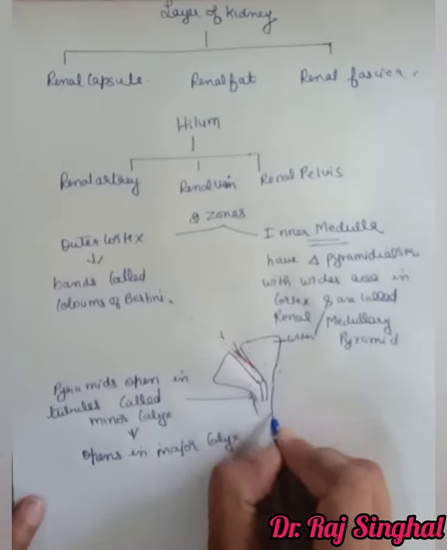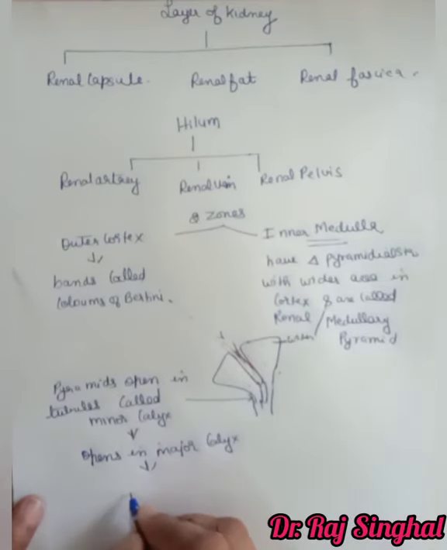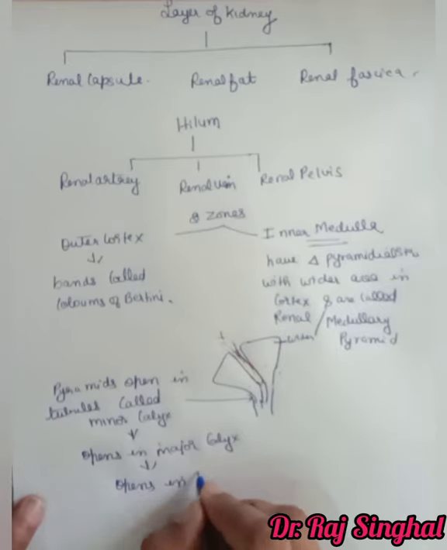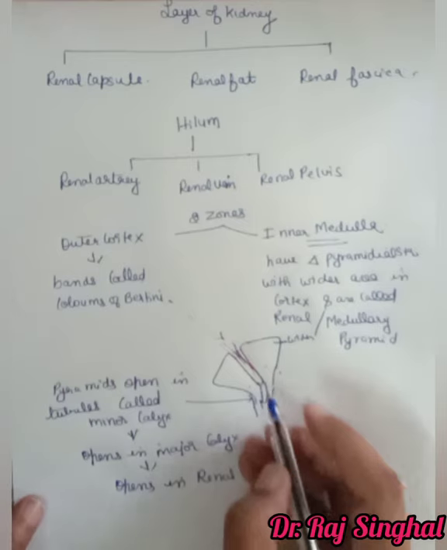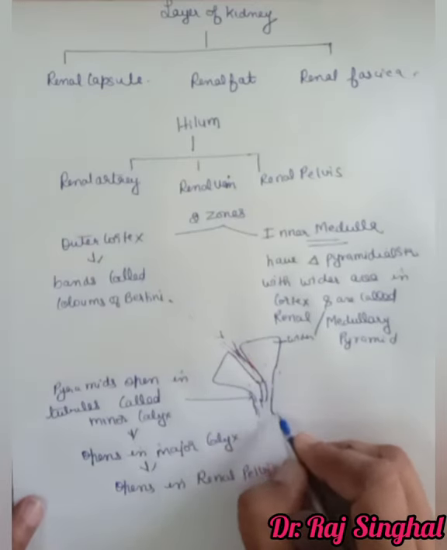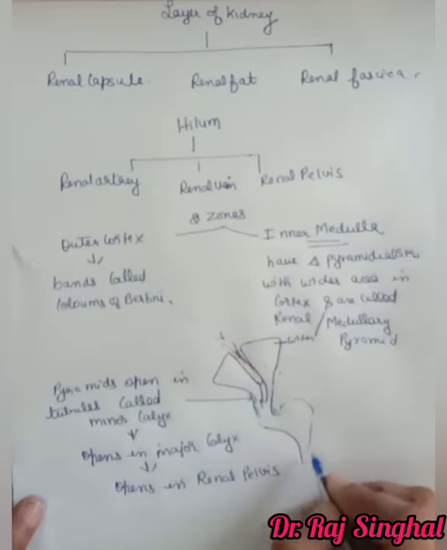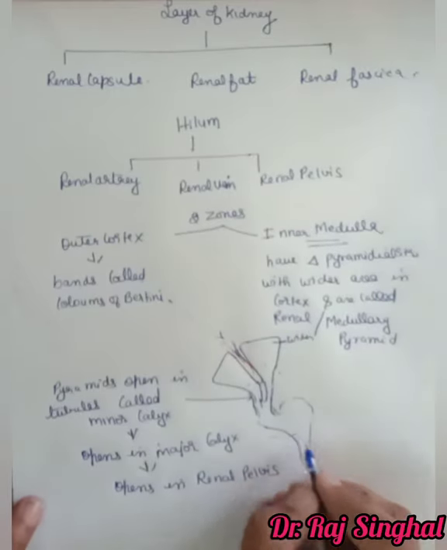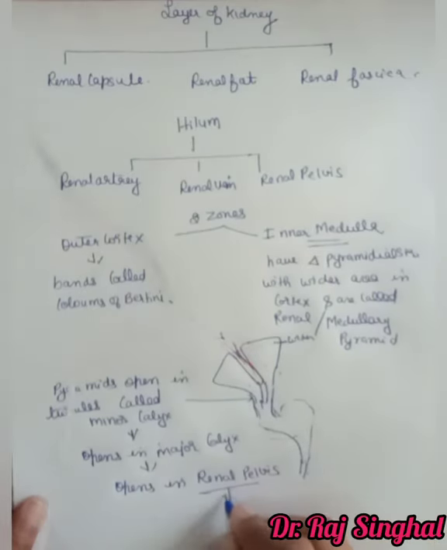In this way, they all combine to form the major calyx. This major calyx then further opens in the renal pelvis, a broad area, which is further continued into the ureter. So this renal pelvis opens into the ureter.